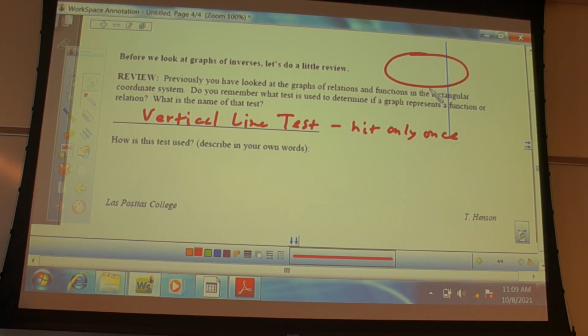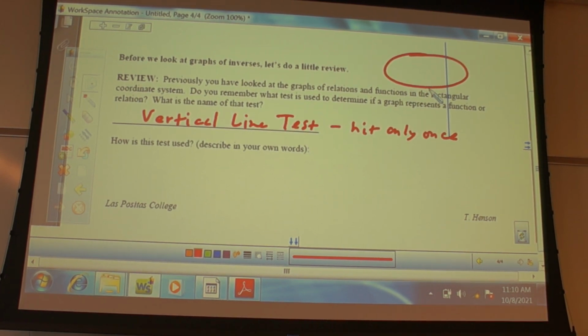What does hit only once mean? What do you think it means? Okay, pause until you finish this at home.